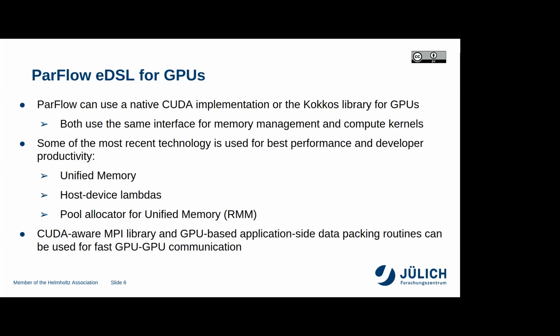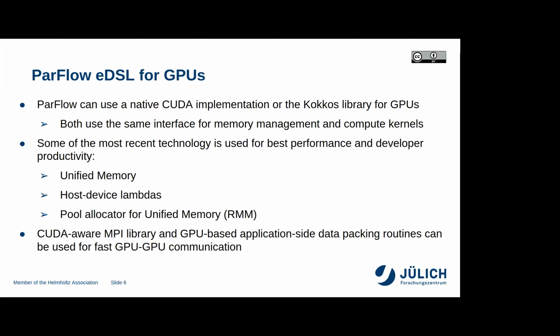In the implementation, we have leveraged some of the most recent technology for best performance and productivity, such as the following. The first one is unified memory, which is very convenient and improves developer productivity and code base maintainability quite a lot, because we can use the same pointer to access either CPU or GPU memory.